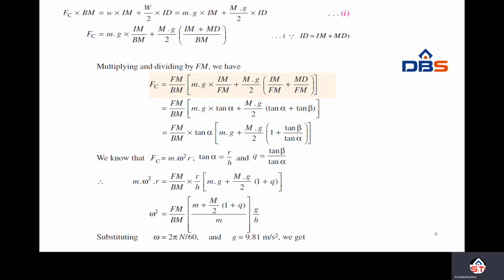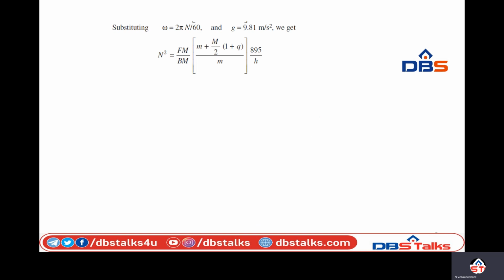So Fc means m omega square r. By substituting these two, we get the relation for omega square: FM by BM into m plus M by 2 into 1 plus q, into g by h. By substituting the next values, we get the relation between N and h. So this is the final equation.